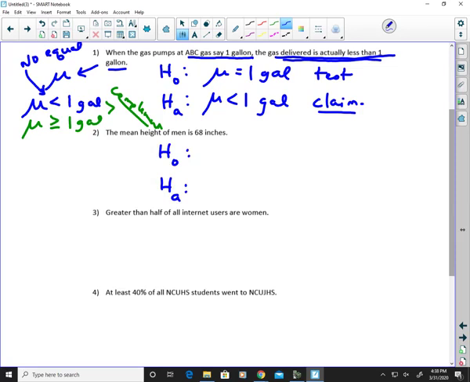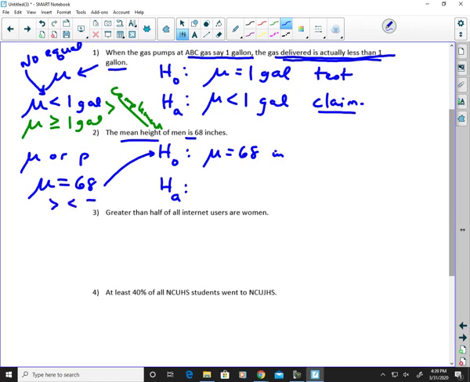Okay, decide what symbol. Are you going to use mu or are you going to use P? Mean height. Mean height is 68. That's the null because there's an equal sign in it. Inches, I'll just put the inches there. So did they ask us to be greater than, less than, or different?